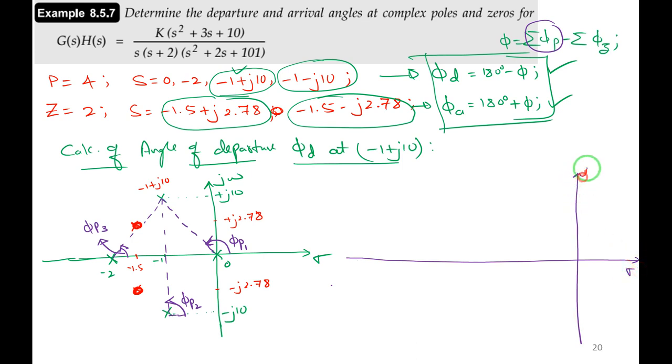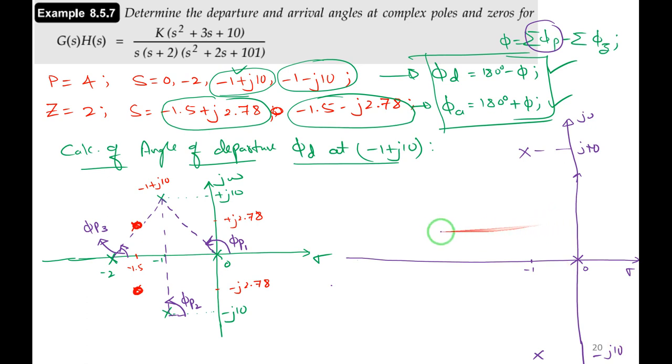Sigma j omega. At 0 one of the poles is located, fine. Then minus 1 plus j10, let me take it somewhere here, and here minus j10, minus 1 plus j10.